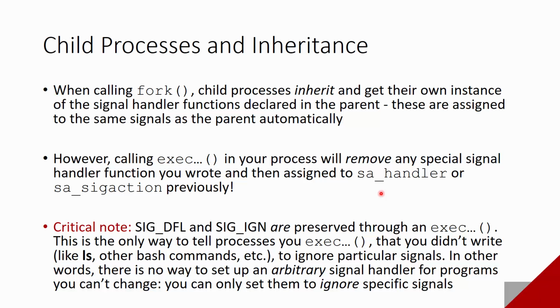You can only tell programs that you haven't written, that you can't alter their code on, to ignore specific signals, because obviously telling them to do the default action is just a way to get them all quickly killed. So the only other thing you can do is set them to ignore signals, and that's about all you can control when you exec things. But fascinatingly enough, this turns out to be a critical point for our shell writing program.